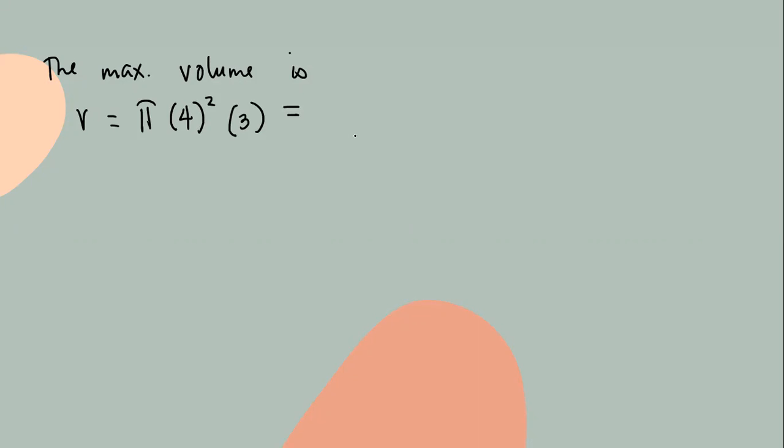Don't simplify the pi; leave it in terms of pi. What would be the answer? 4 times 4 is 16. 16 times 3 is 48 pi. Therefore, 48 pi cubic meters.